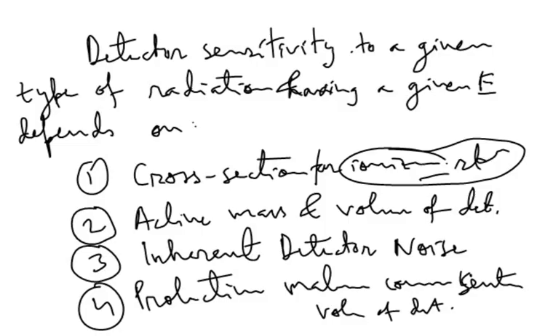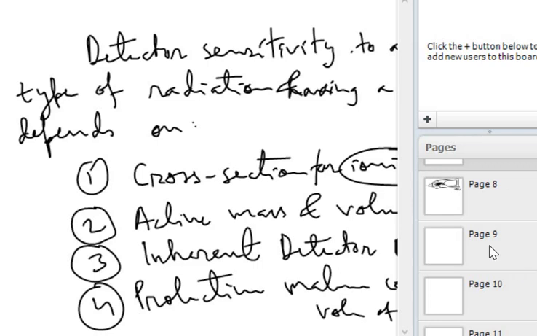We have two limiting factors: one is noise, another is the thickness of the detector entrance material. We have now talked about detector sensitivity. Let me now talk about the next property: number 1 was sensitivity, number 2 is detector response.